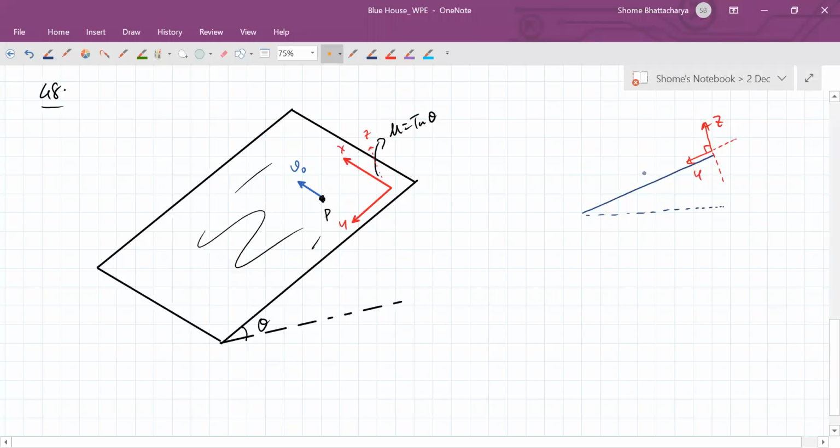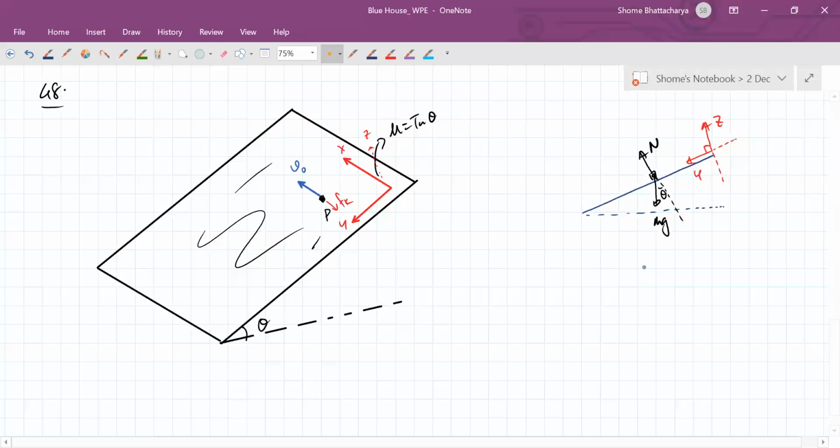When we make the free body diagram of the particle in this situation, the forces acting on it are mg and normal reaction, but we won't be able to see the friction because friction will act opposite to the velocity. Friction will act like this over here. This is how kinetic friction will act.